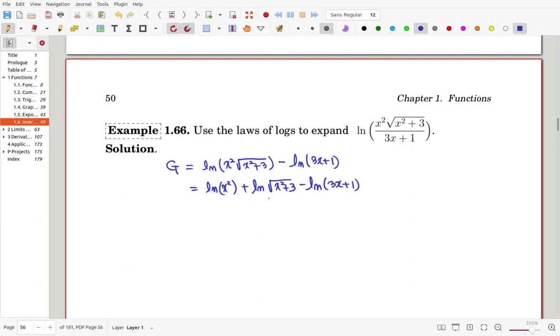Now let's use the power rule. Then 2 will go out in front of the logarithm of x, and the half power goes out in front of the natural logarithm of x squared plus 3. And simply we put the same. I guess now it is expanded. We have done it.